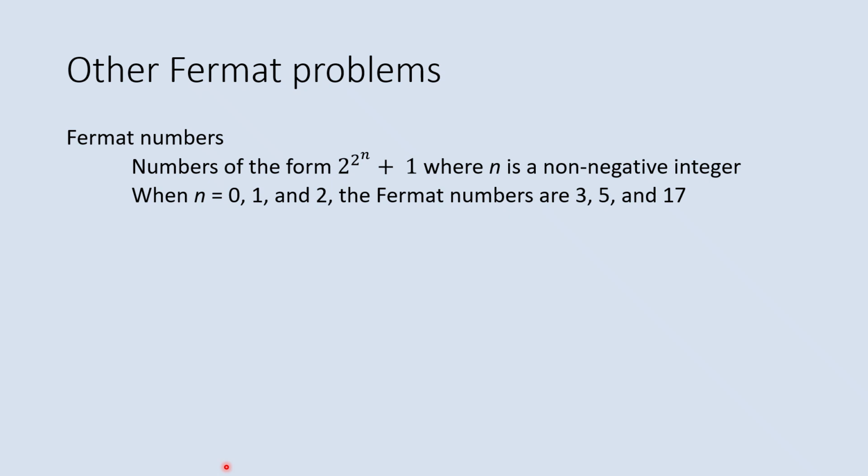And the first question that Fermat asked at the time was, well, we have these numbers 3, 5, 17. And he calculated some more values, and he asked the question, are all these numbers prime numbers? So take some time, see if you can answer that question. We're not going to answer it now. You can take some time and some effort and see, are all the Fermat numbers prime?